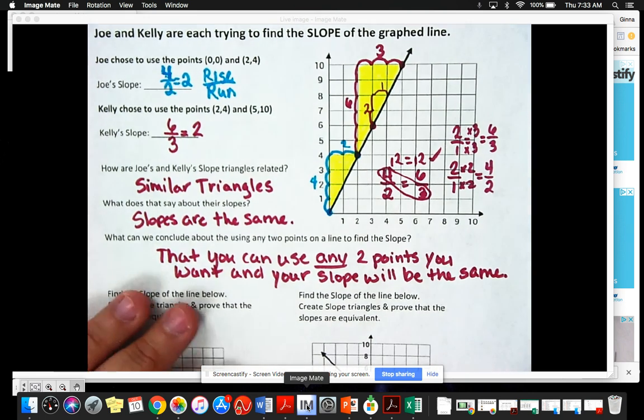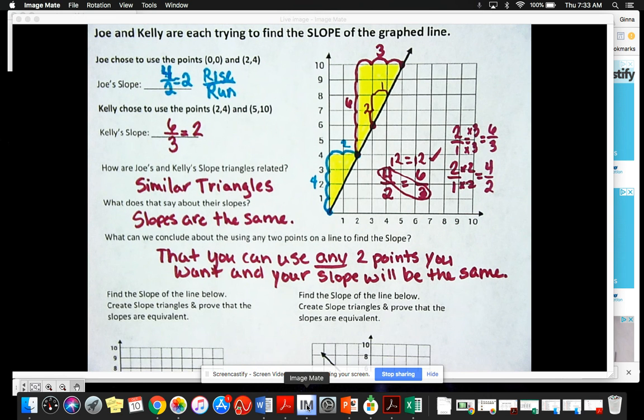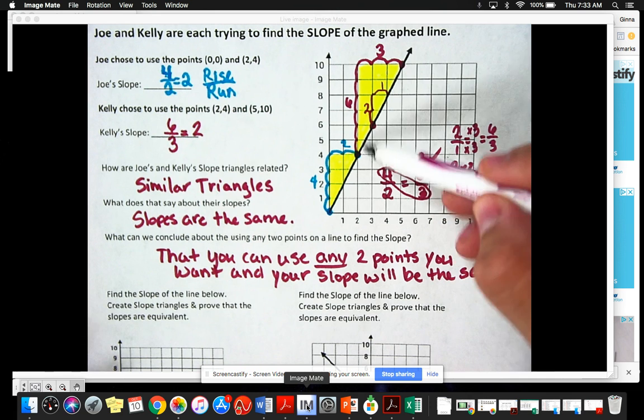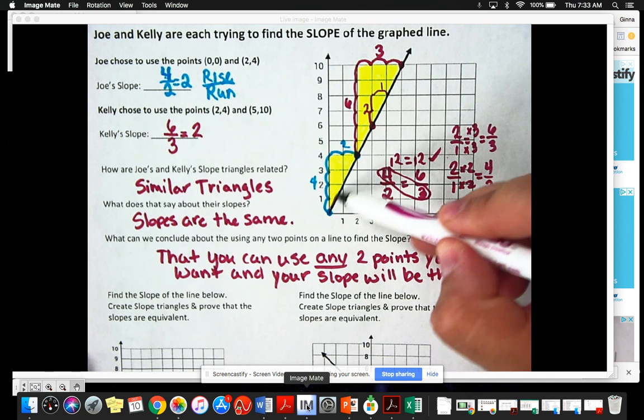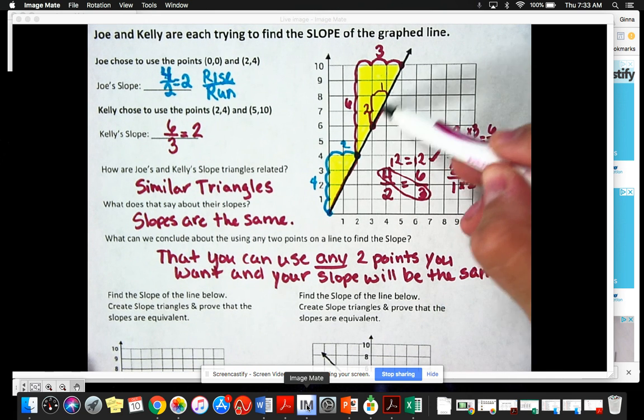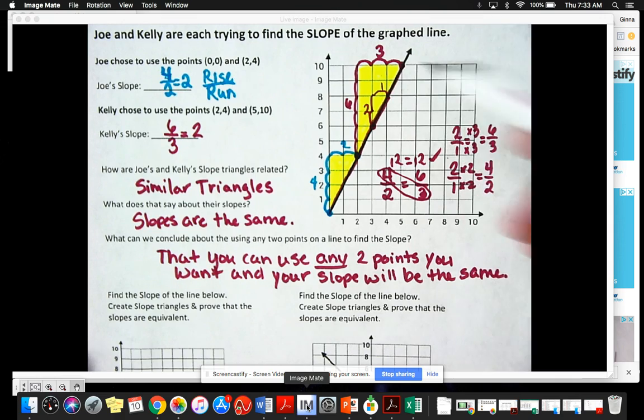Basically, all you have to remember is slopes will be equal or the same as long as they are on the same line. It doesn't matter the size of your triangle, the steepness of your line will be the same. Awesome. So now let's go down to these problems real quick.